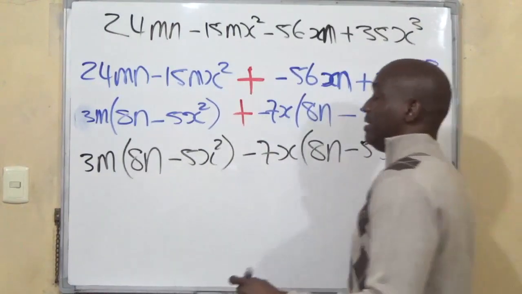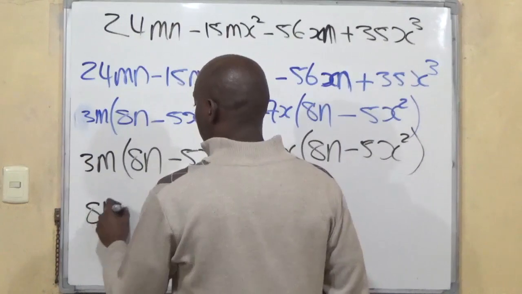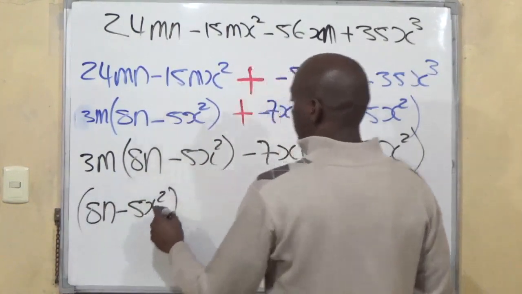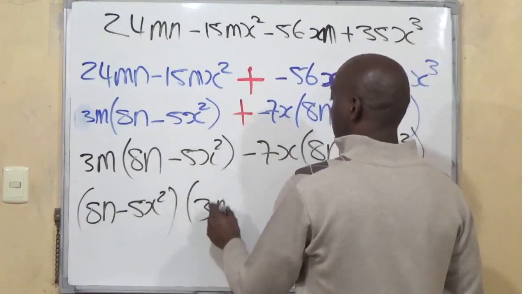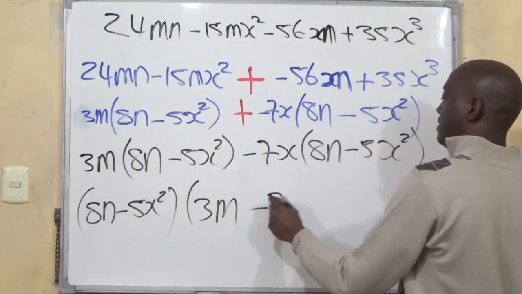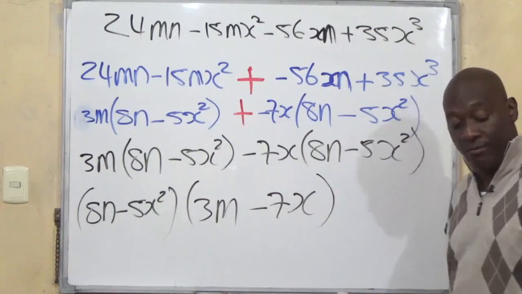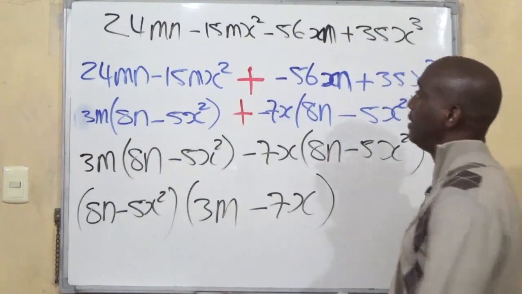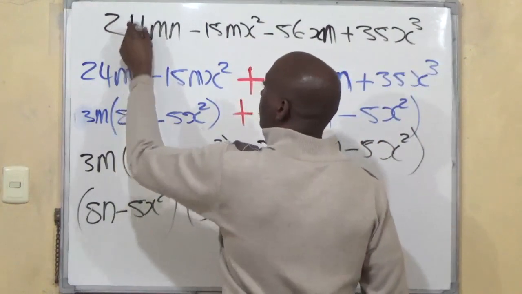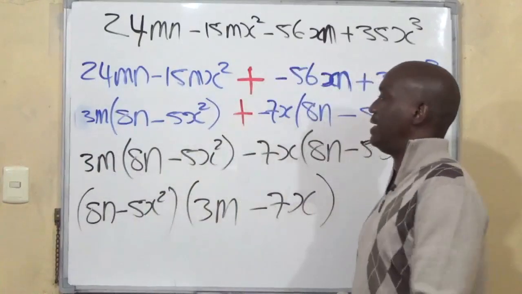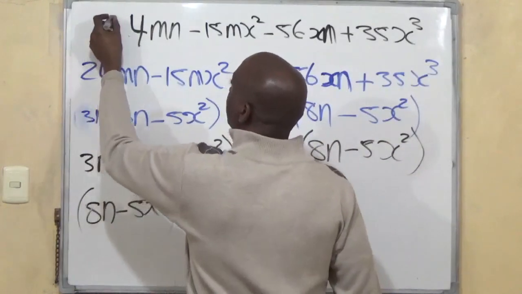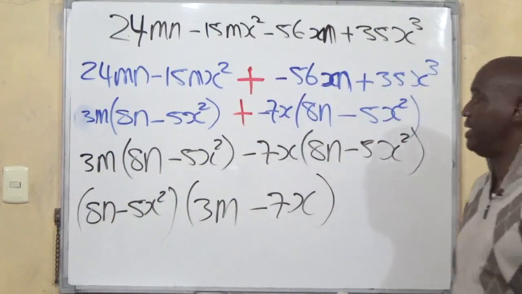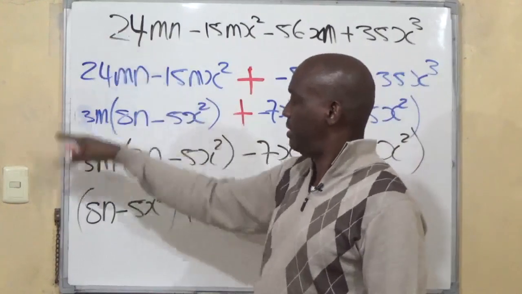So your next line, of course, would be 8n minus 5x squared as a common factor into 3m minus 7x. Of course, as we just discussed a moment ago, it's a 4, not a u, 24, and this is a 2, not a z. As we just discussed, you could very well get from here to here in one line.